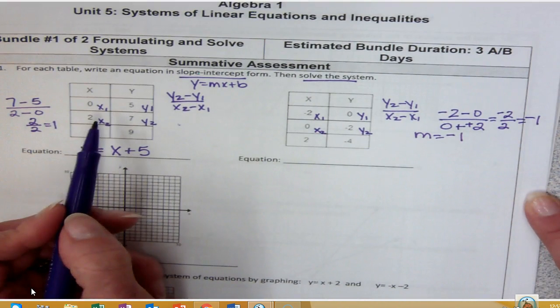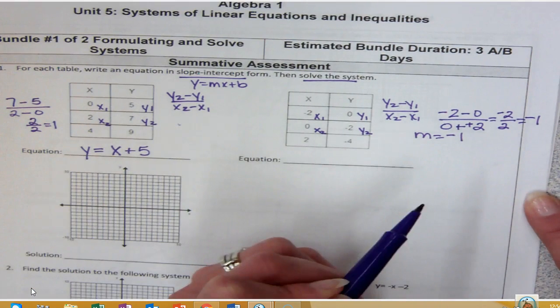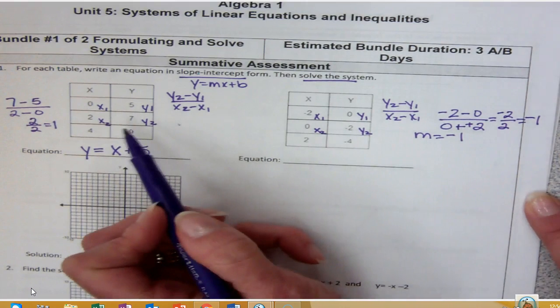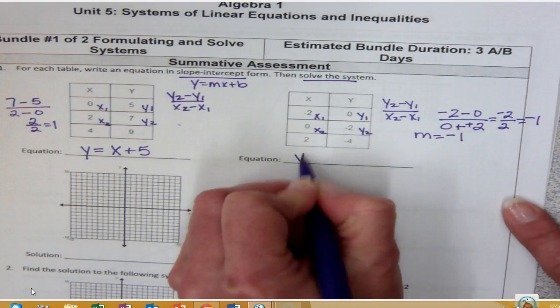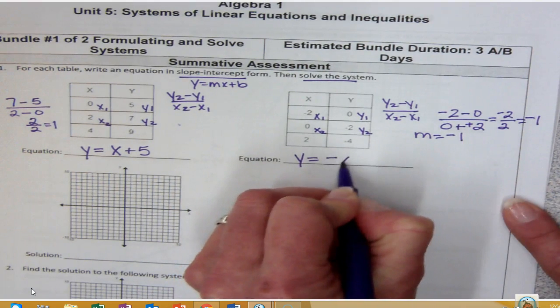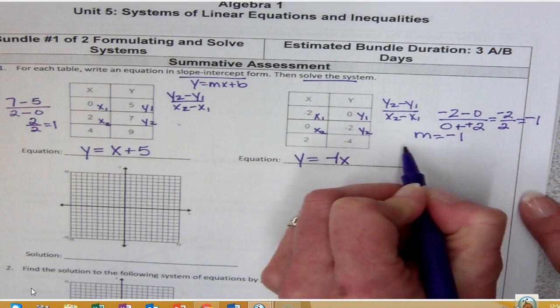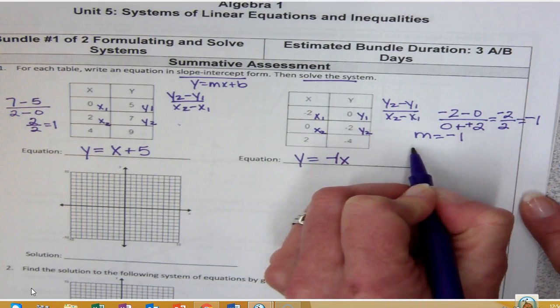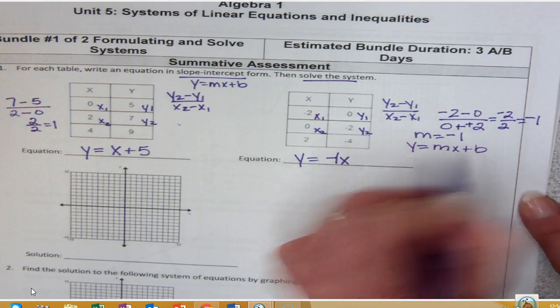Now, if you didn't understand how I got 0, 5 as my y-intercept, this is what you would do if you needed to solve for it. You would say y equals, my m I can plug in as negative 1, which is negative 1x. Then I would take my equation, y equals mx plus b.